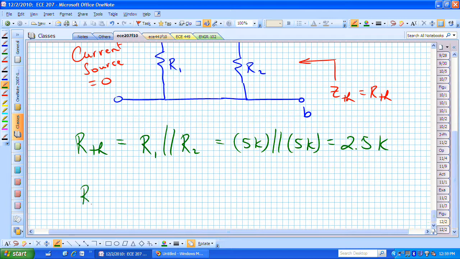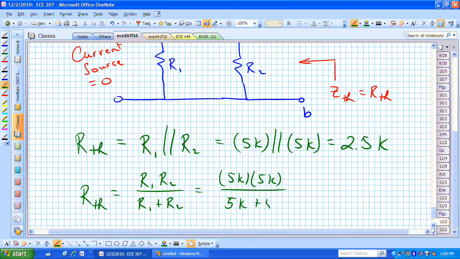We could have computed that. Remember our parallel combination equation for two parallel resistors. That was just R1 times R2 over R1 plus R2, and that's just 5K times 5K over 5K plus 5K, or that's 25, and we actually have two K's that we have to keep track of, so that's like K squared, and here we have 10K.